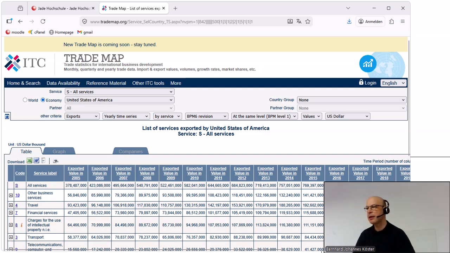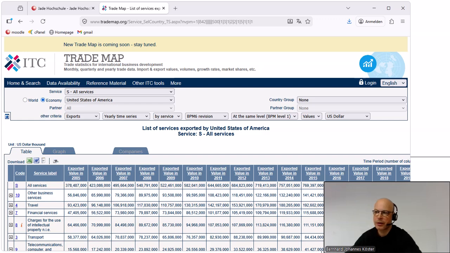And maybe you have heard about this, that especially the service sector overall in the world is very important for the trade relations of the United States with another country.